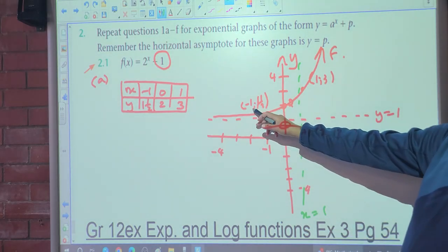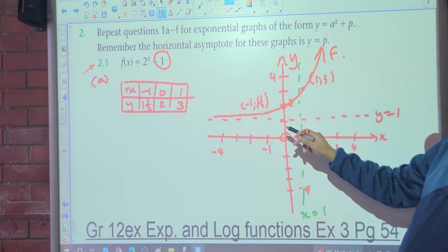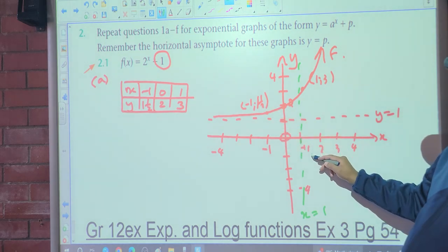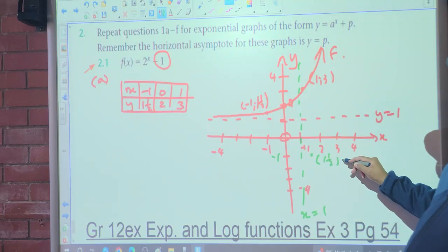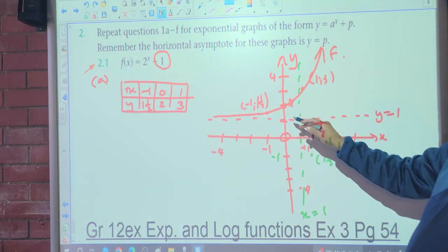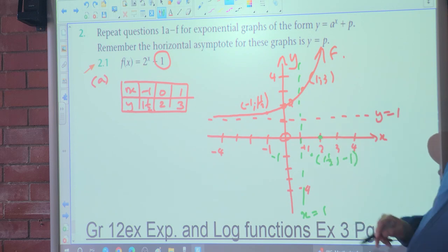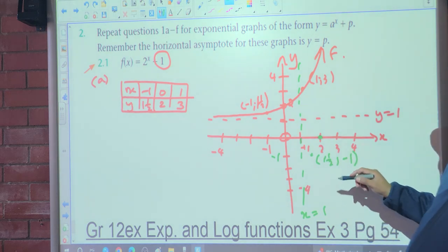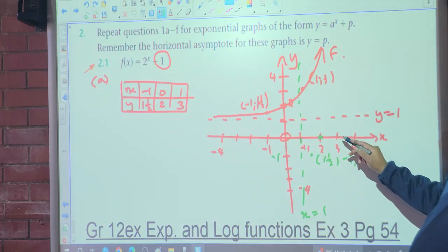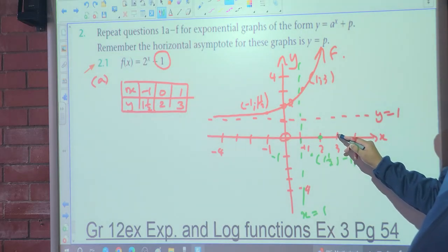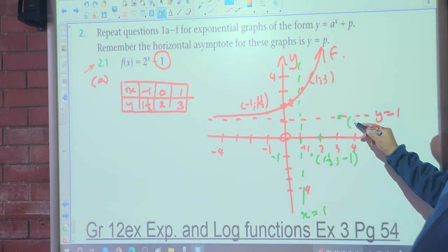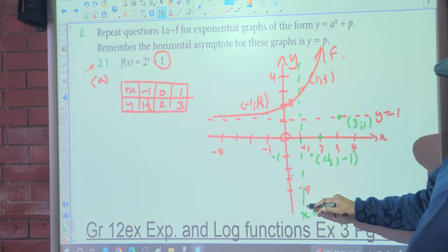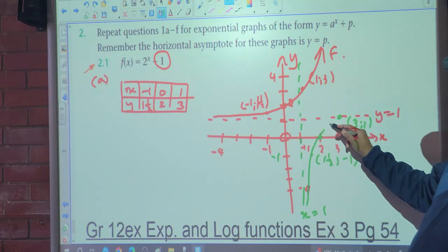So -1 and 1.5 becomes 1.5 and -1. 0 and 2 becomes 2 and 0, and 1 and 3 becomes 3 and 1. The graph comes close but doesn't touch.